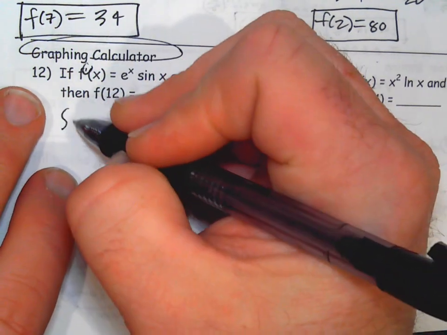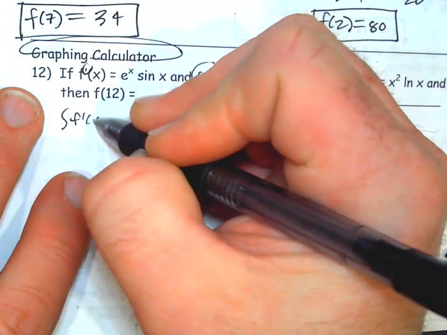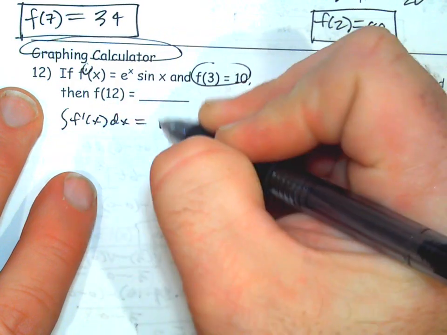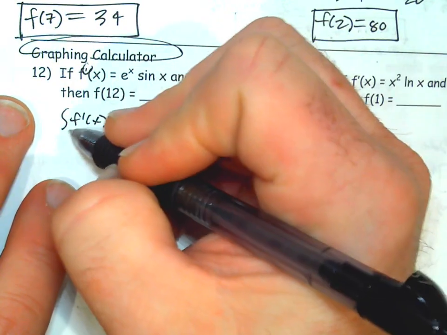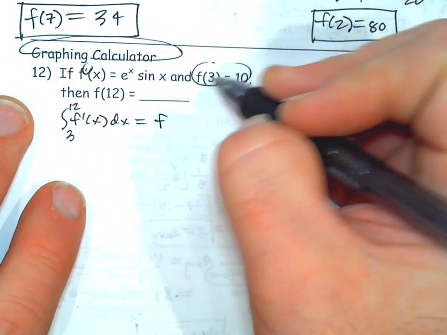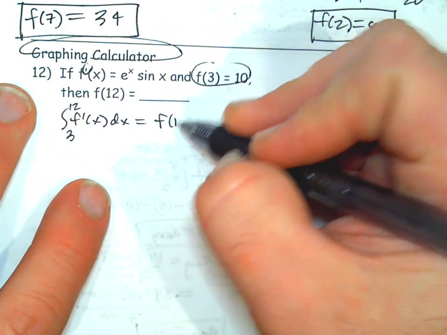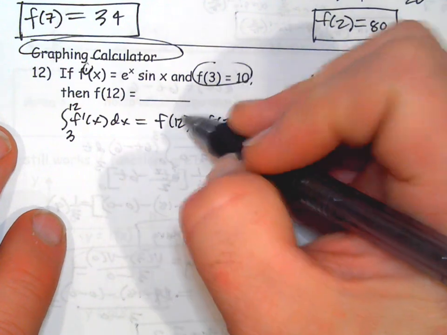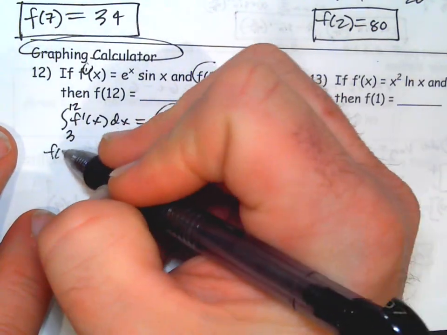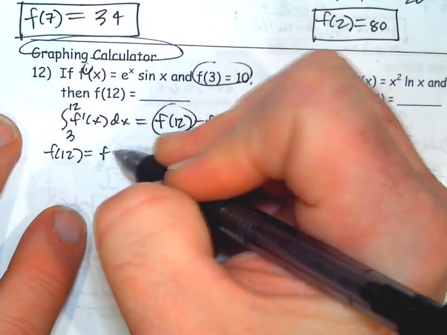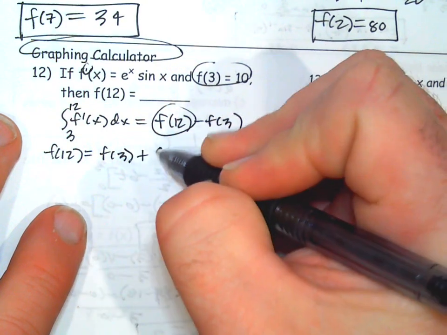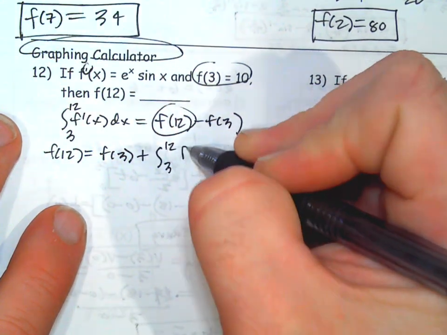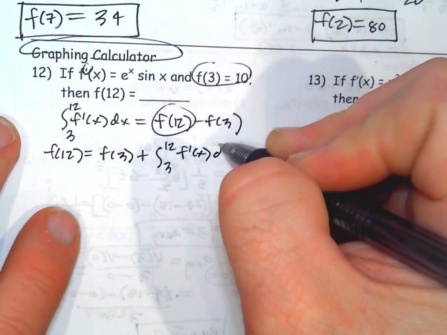So we're going to start the same way I did the others. If I integrate f prime, I'm going to get f. I'm going to go from 3 to 12. Use the value I know and the one I'm trying to find: smallest, biggest. Write it out. This is what we're trying to find. So f of 12 equals f of 3 plus the integral from 3 to 12 of f prime of x dx.